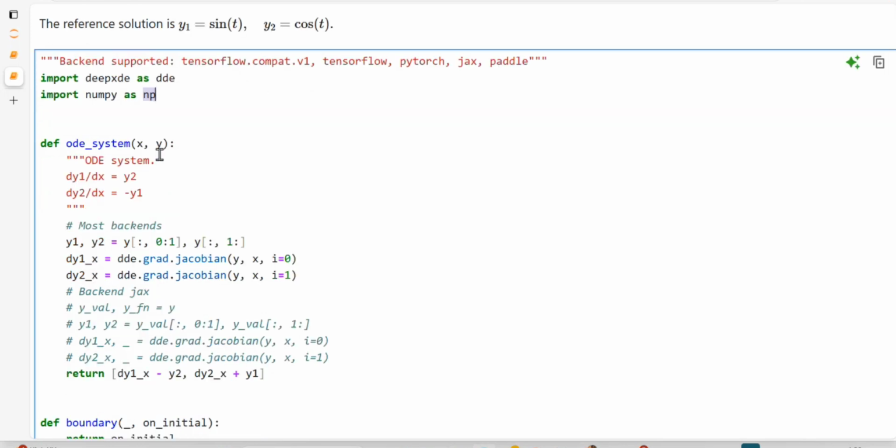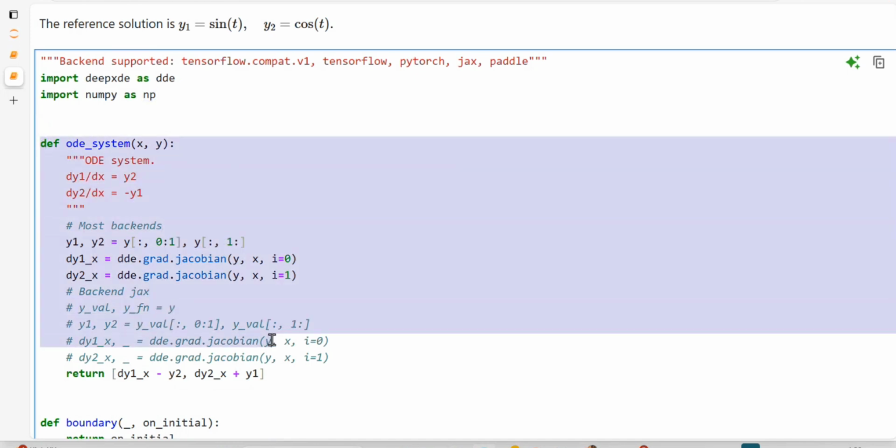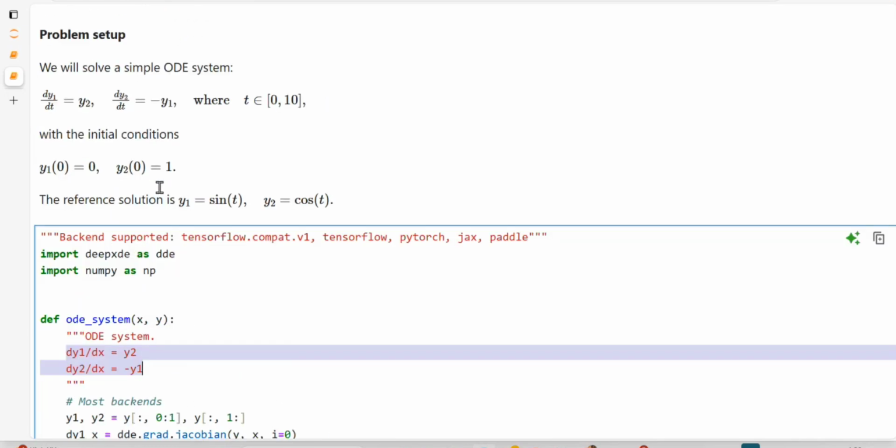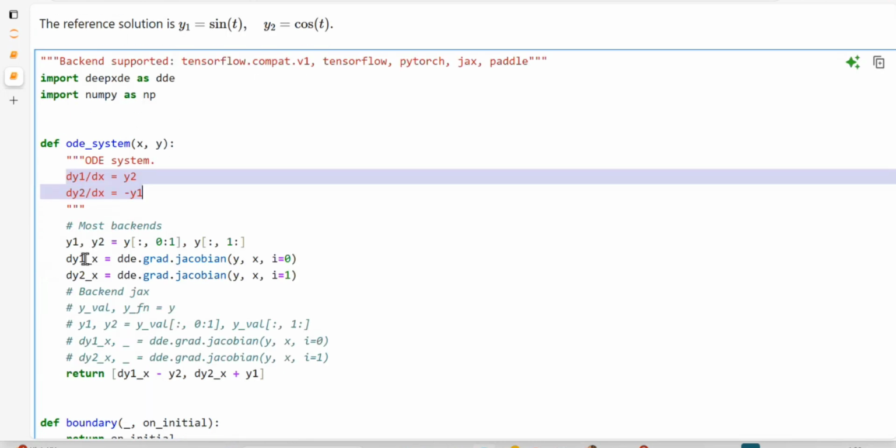What we have next over here is the definition of a function. Our system is, as already explained, given over here. So first of all, we need to define y1 and y2.